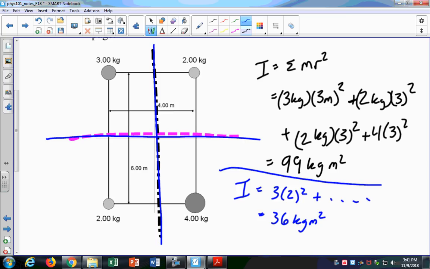It's 3 times 2 meters, because this distance is 2 meters, plus 2 times 2 meters squared, plus 2 times 2 meters squared, plus 4 times 2 meters squared. So where do the 2 meters come from? The 2 meters is this distance. It's the distance from where the object is to the axis of rotation.